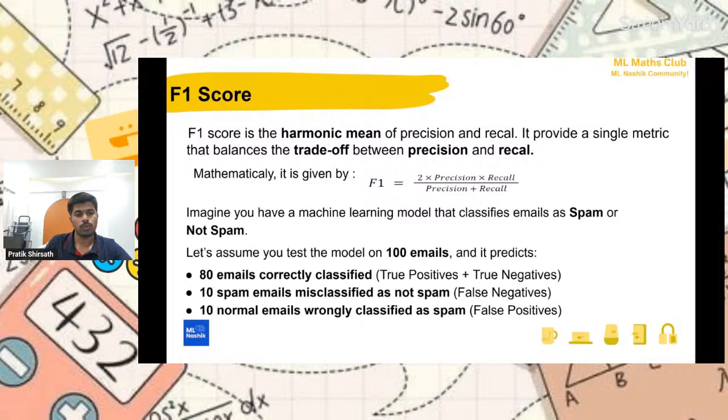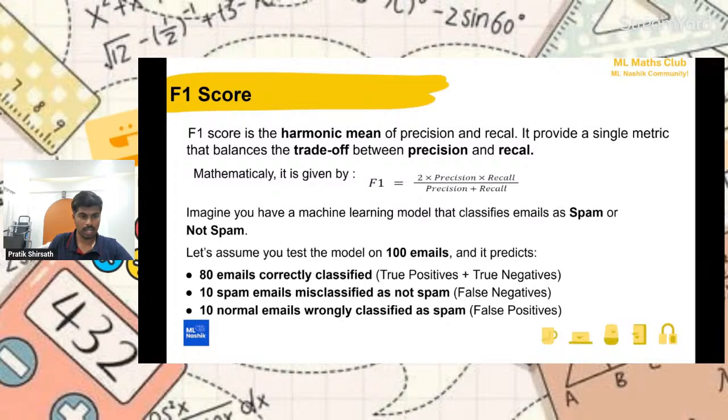Now let us assume that you test the model with 100 emails, and 80 emails are correctly classified, which is a combination of TP plus TN. The next is 10 spam emails misclassified as not spam, which is nothing but my false negative.